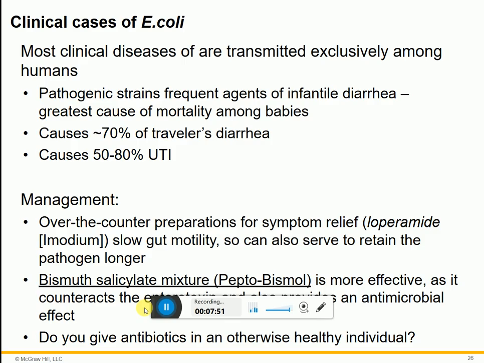We don't give antibiotics to treat E. coli infections for several reasons. One of them is that the antibiotic will kill E. coli along with the good bacteria. Okay, so we want to keep that balance where the good bacteria will compete with E. coli, but if you kill both of them, E. coli might still be able to survive because you've killed the good bacteria.